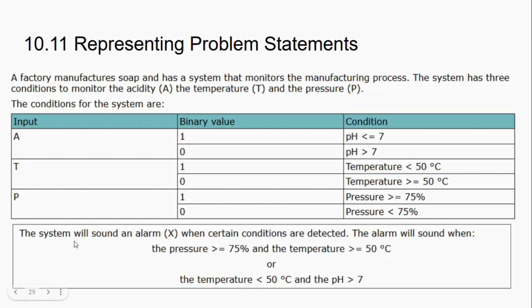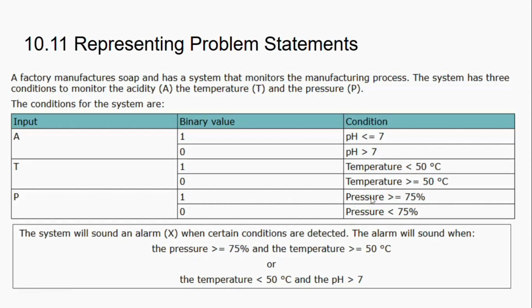And here we are having the statement: the system will sound an alarm, x is equal to 1, when certain conditions are detected. The alarm will sound when pressure is greater than or equal to 75%.